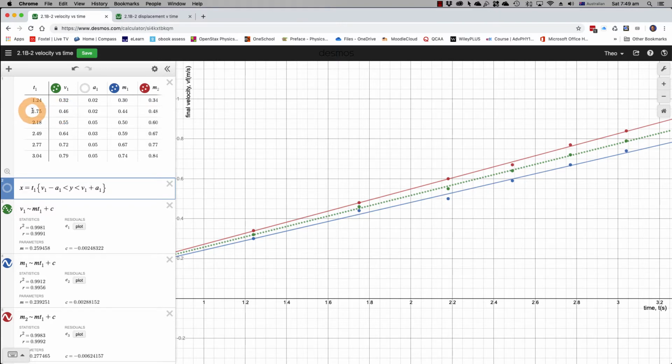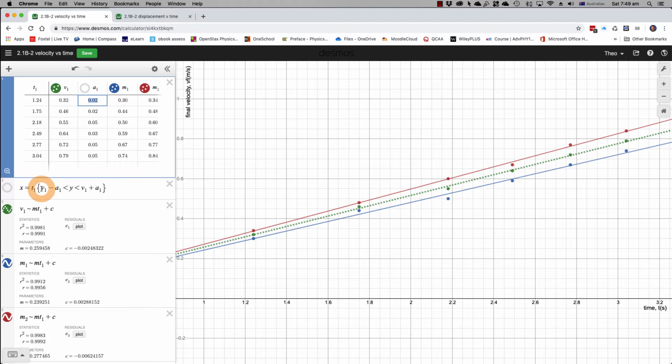So time being my x value and velocity being my y value. So here I've got T1, so it's going to take the T1 values, and I'm going to use this type of bracket. Then V1, it takes this value here, and from it subtracts this value here to give me my minimum value that fits on the minimum line of best fit.